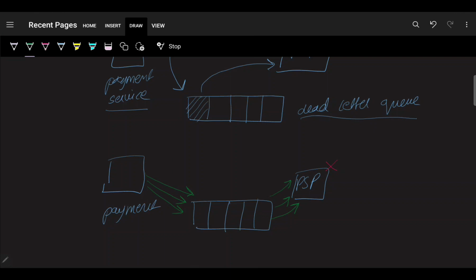So this particular architecture can be termed as the classic pub sub, where your PSP or some component of your PSP acts as a consumer, and the payment service acts as a publisher. So this would enhance the reliability factor as well.